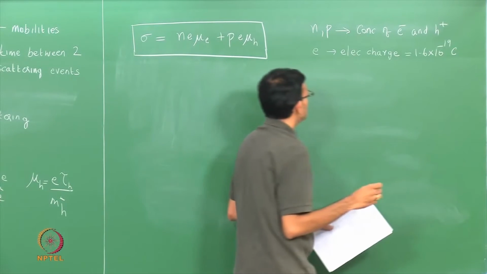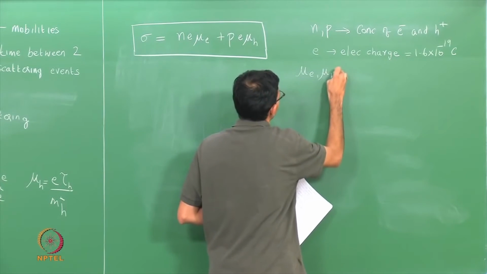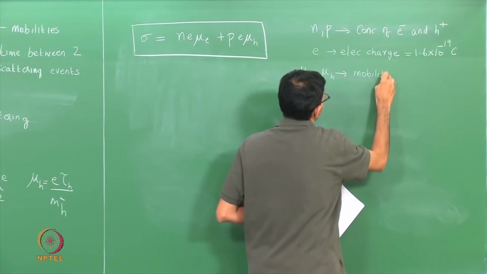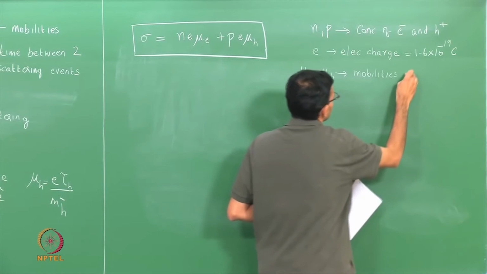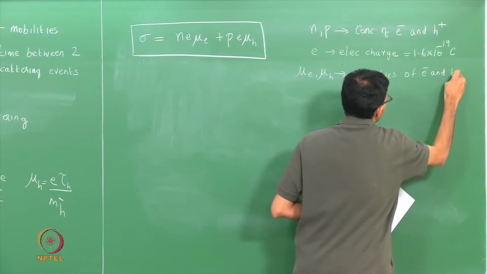So, that is a constant, and mu e and mu h are the mobilities of electrons and holes.